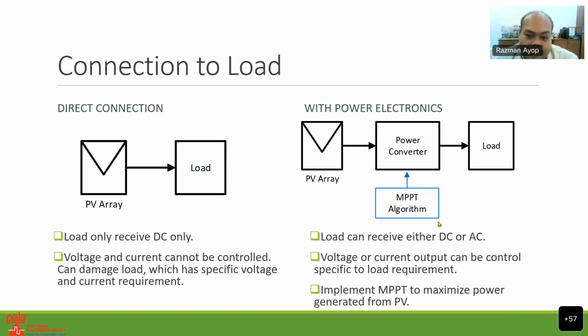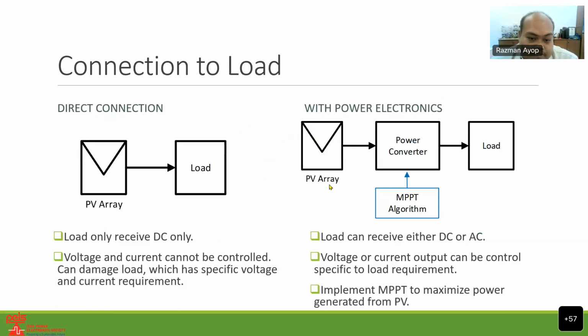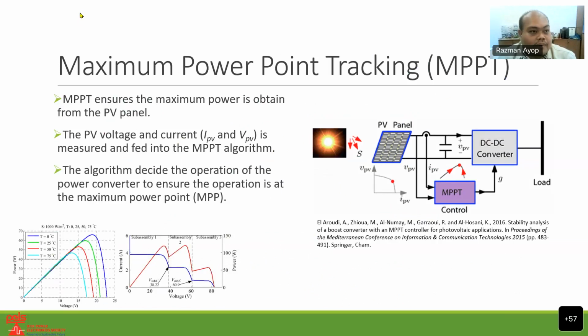And also you can implement an MPPT algorithm. MPPT stands for maximum power point tracking. It will search for the maximum power from the PV, so it will ensure that your investment in the PV is optimized.